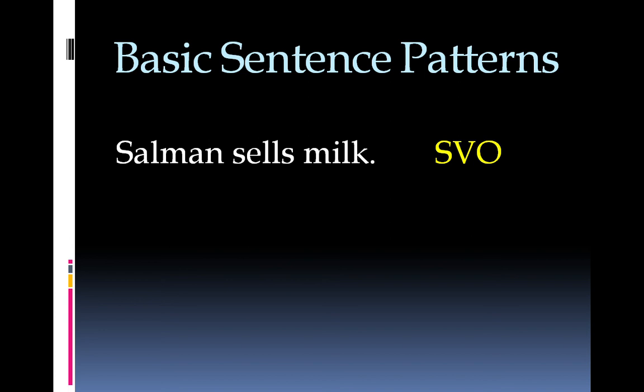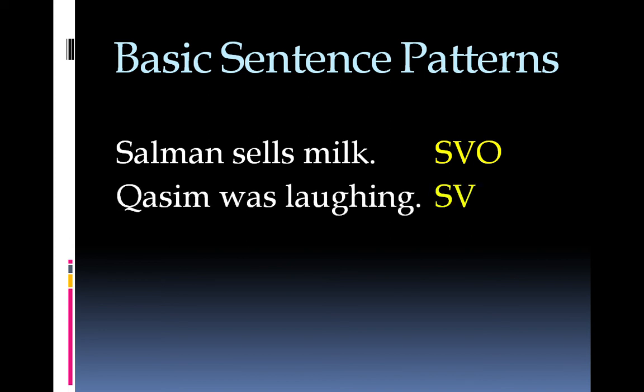And when your sentence has a transitive verb in it, the basic pattern of that sentence is SVO, subject, verb, object, because the transitive verb must be followed by an object. Look at the next sentence. Qasim was laughing. Over here, Qasim is the subject, laughing is the verb, and the sentence is complete.